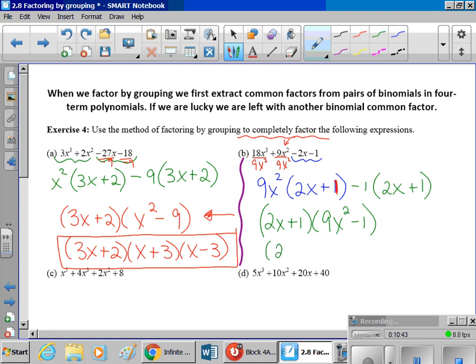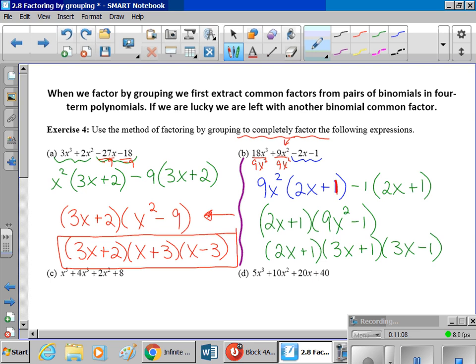Again, we have one more step here because 9x squared minus 1 is the difference of two perfect squares. So make sure that order counts. The 3x must go in the first position, the 1 in the second position, and plus and minus between them.